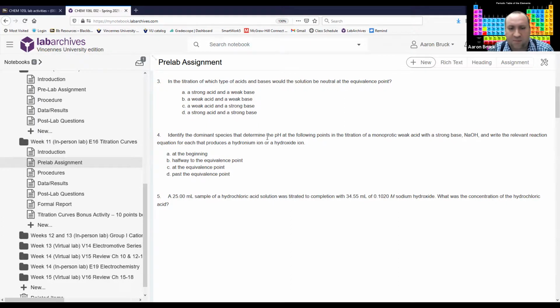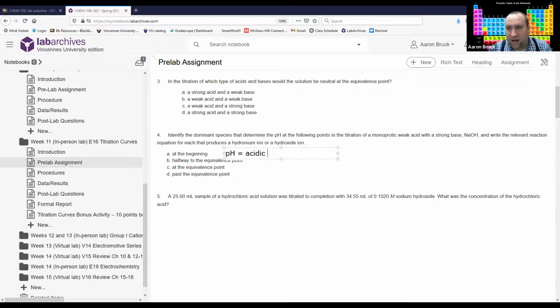Identify the dominant species that determine the pH for the titration of a monoprotic acid, and write the relevant equation that produces this. So we know that based upon our data at the beginning, the pH is going to be acidic.